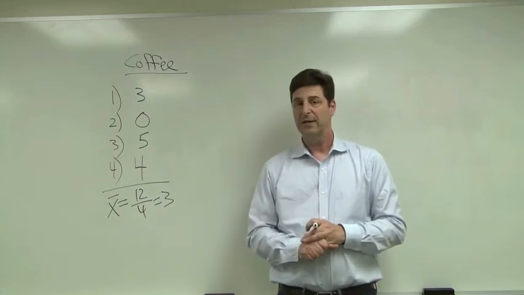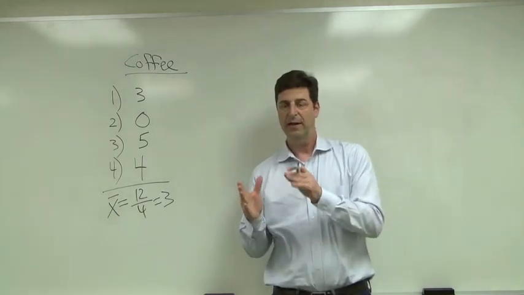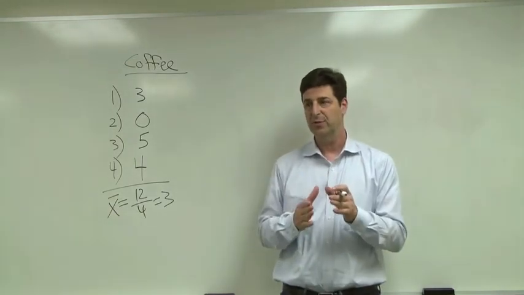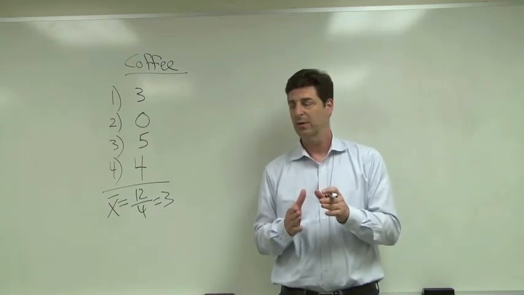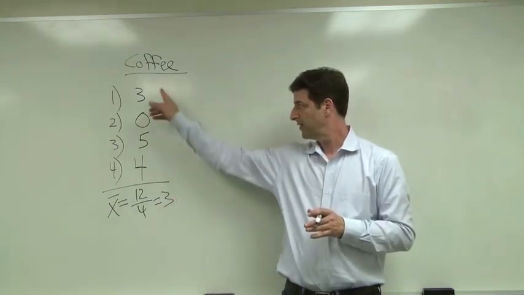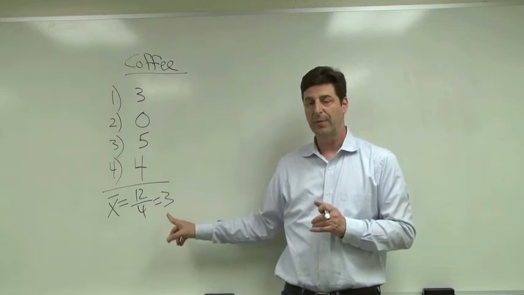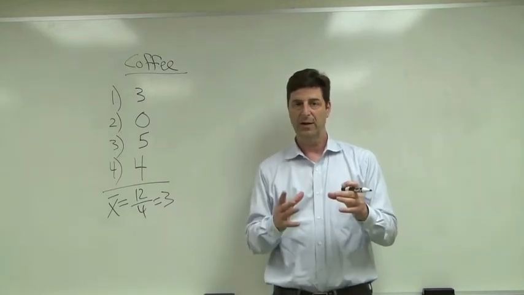To calculate a standard deviation, you first have to calculate the deviation between each individual score in the sample or the distribution and the sample or population mean, and square that.